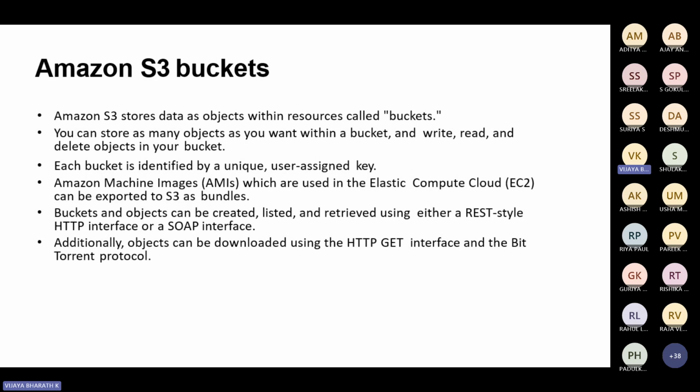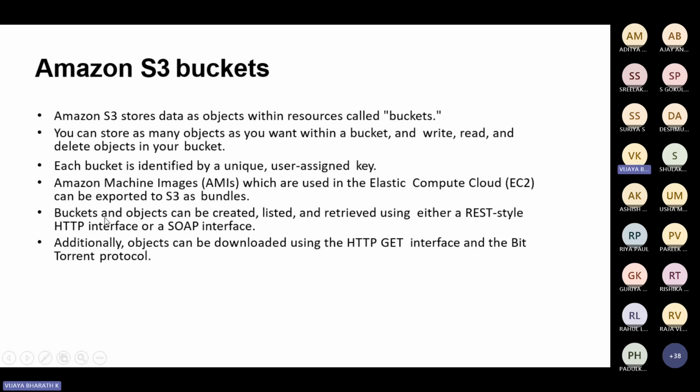Even Amazon machine images used in your EC2 can be exported to S3 buckets. Let's say you can store AMI images into an S3 bucket.